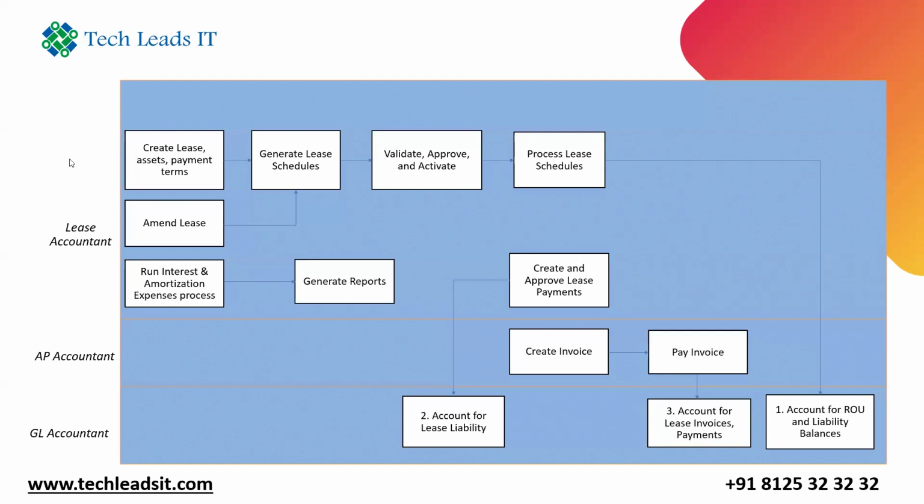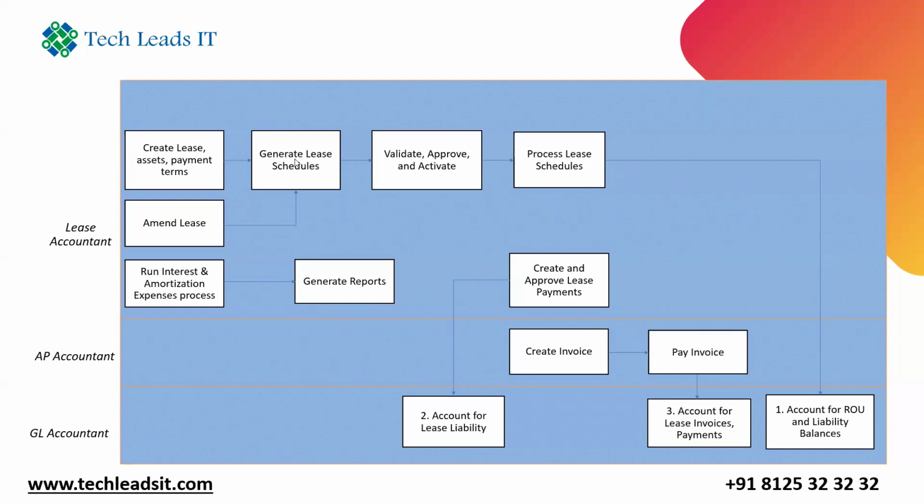Okay, so now this is the high level pictorial representation of activities which will be done in Oracle Fusion. We have segregated it into three parts: the lease accountant, AP accountant, and GL accountant. So what will the lease accountant do? The lease accountant will create the leases, assets, and payment terms.